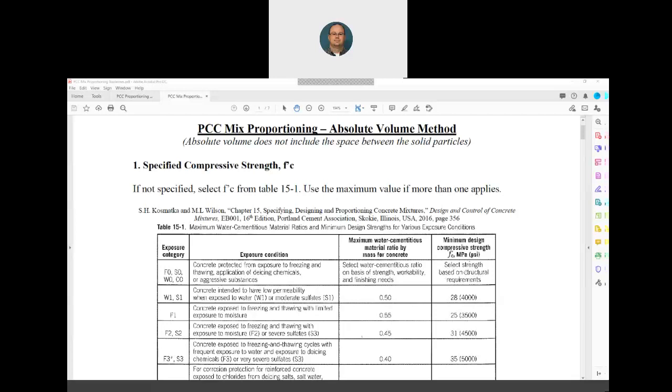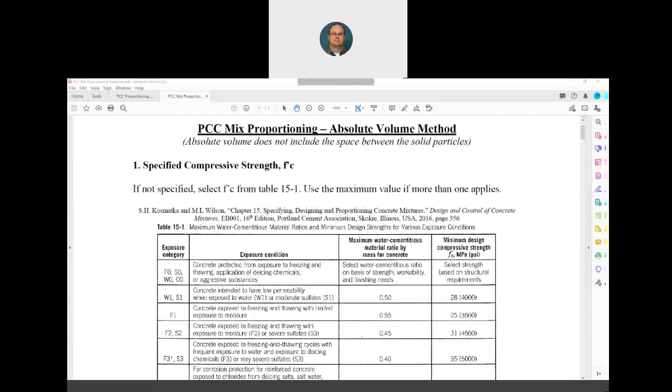So if there are no aggressive substances, no de-icing chemicals, and we're not in freeze-thaw, I'm going to pick the design strength that I select for structural design. Cementitious is used because it could be fly ash, cement, or gypsum, so that's why they use that term.